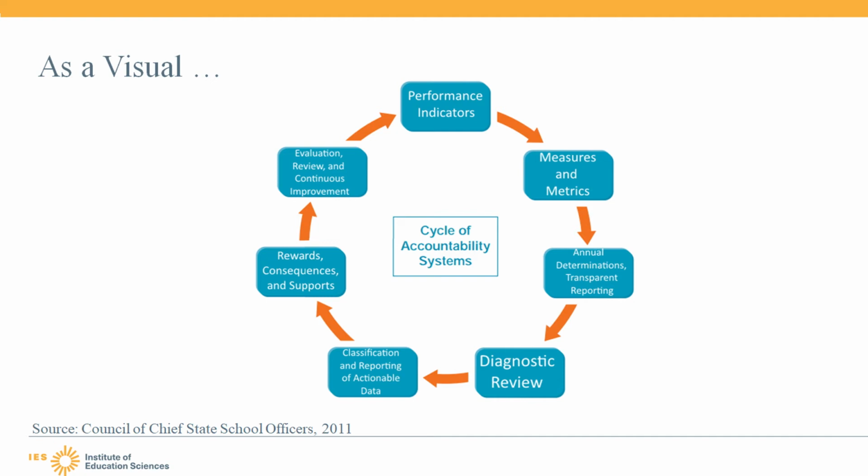That can be in a system that has rewards, consequences, and supports. And then looking at the system, how well it's functioning, reviewing the system, looking at ways to improve it, and then that finally cycles back into thinking about what we really value, our performance indicators, back at 12 o'clock. Next slide.